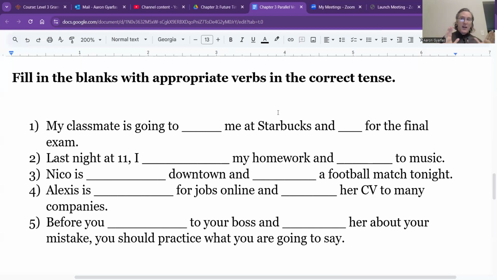So decide what verb form you need, what verb tense you need. And because we are working with parallel structures, those verb tenses should be the same in both blanks. Stop the video and then try it out. And we will look at some possible correct answers.